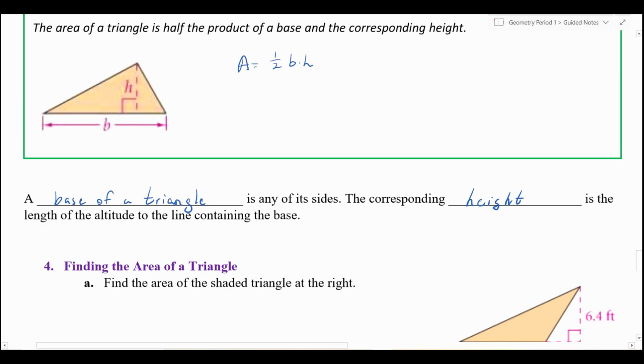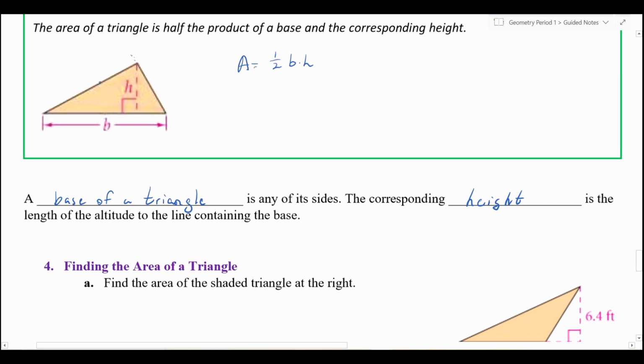So depending on what I do for a base, if I pick this base right here, in this particular case, this right here hits this one, or I can actually just extend it and see where it would land at a 90-degree angle. So that doesn't look like a 90-degree angle.